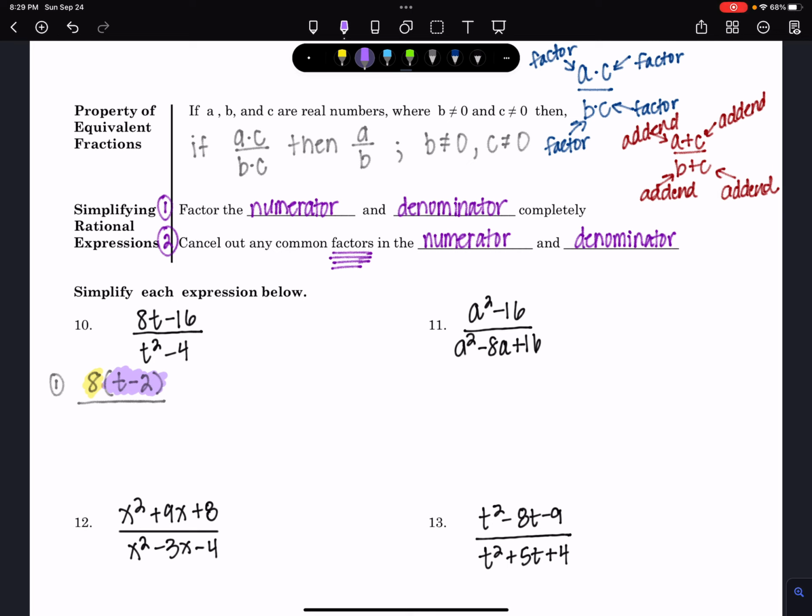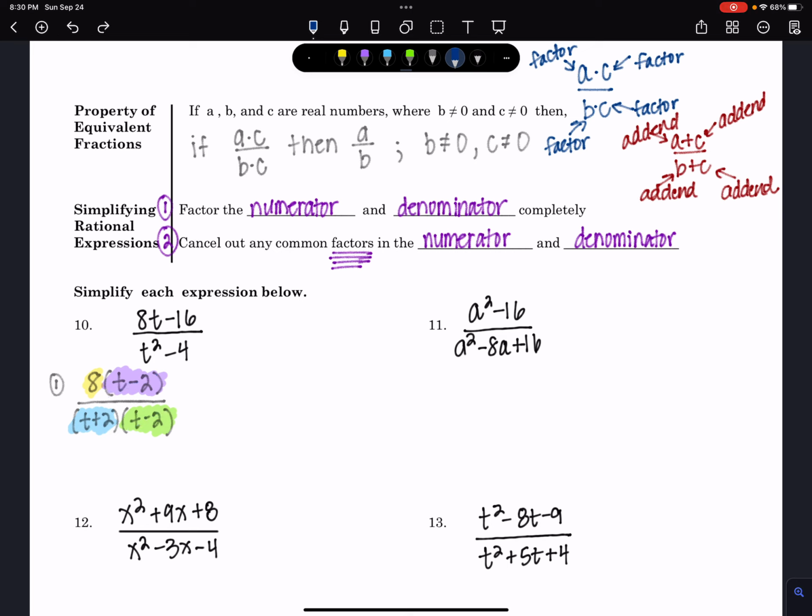Then in the denominator, t squared minus 4 becomes t plus 2 times t minus 2. Two more factors there. Do I have any common factors in the numerator and the denominator? Well, I sure do. T minus 2 is in both.